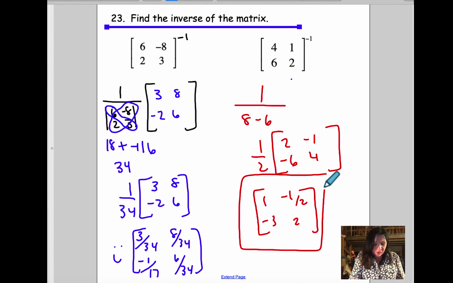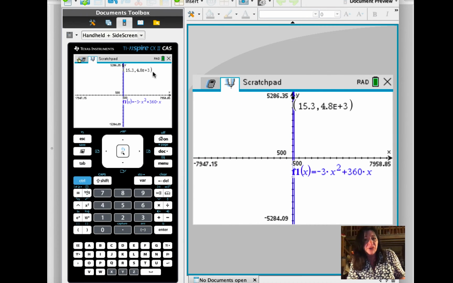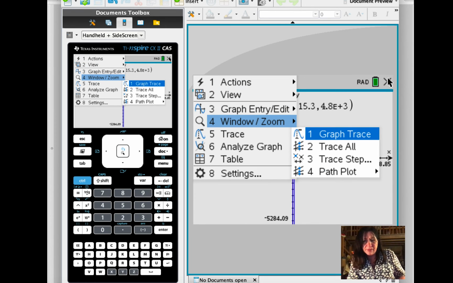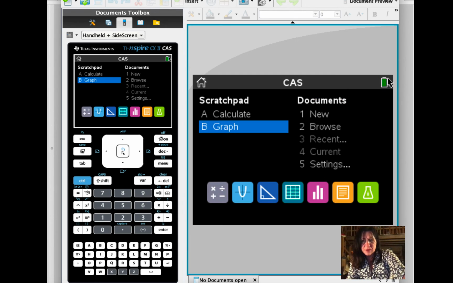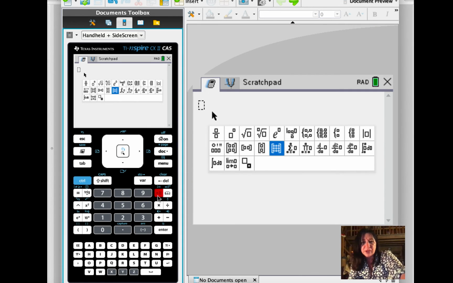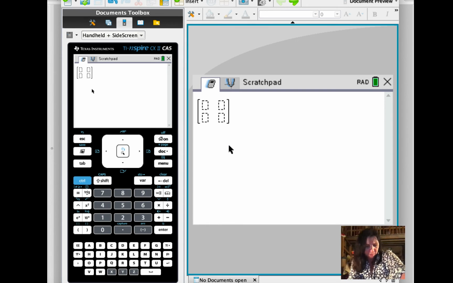4, 1, 6, 2. I want to find the inverse of that. I'm going to use my TI-Nspire because I like that better to do this stuff. So I would go to menu. Let me get out of this. Escape. I'm going to go to calculate. I would go to my determinant little thing here, and I would click in that. Click it twice. I'm going to plug in my values.